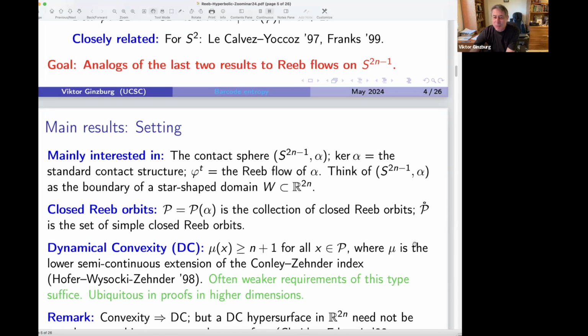In addition to what we said, usually in higher dimensions, you need to make additional assumptions if you want to prove something. You cannot just prove things, and I'll get back to this, about an arbitrary Reeb flow on the standard contact sphere. And the most common type of assumption is dynamical convexity. It's introduced by Hofer, Wysocki, and Zehnder in the late 90s.